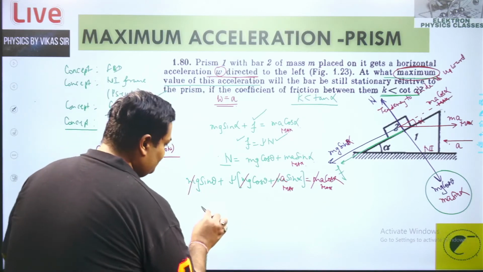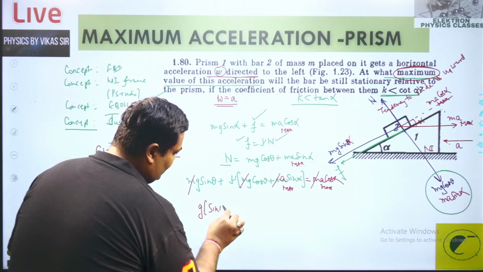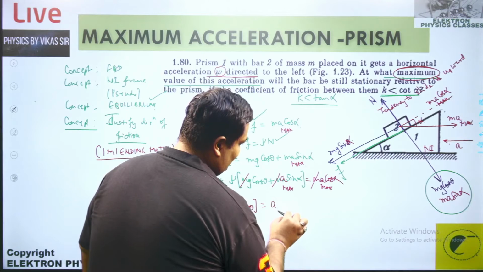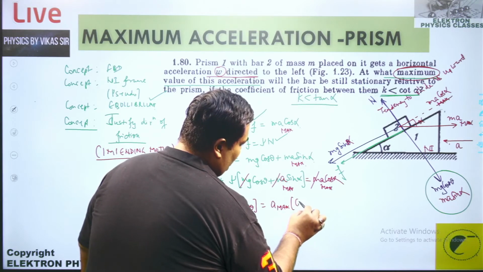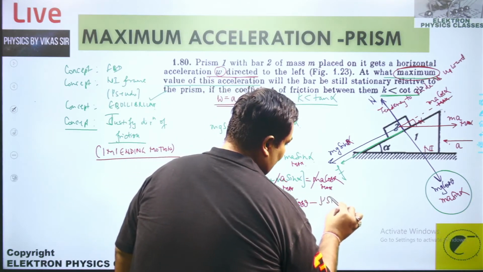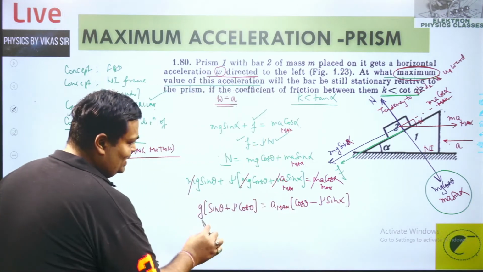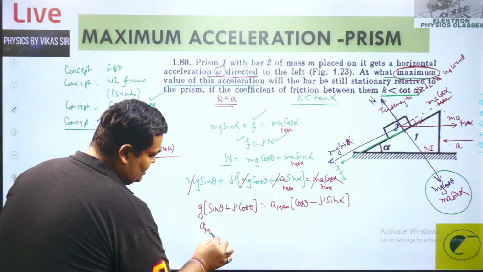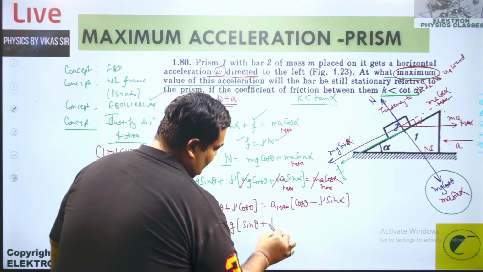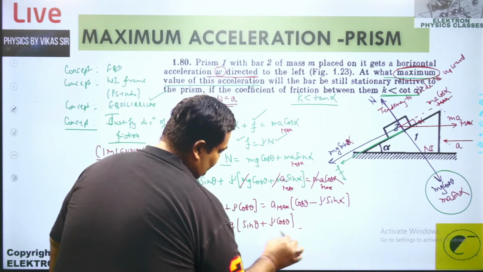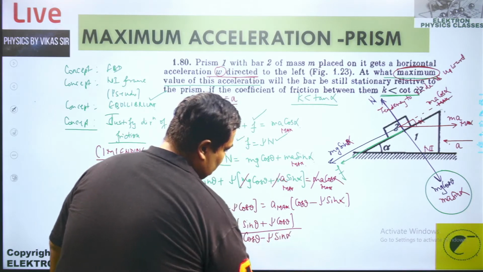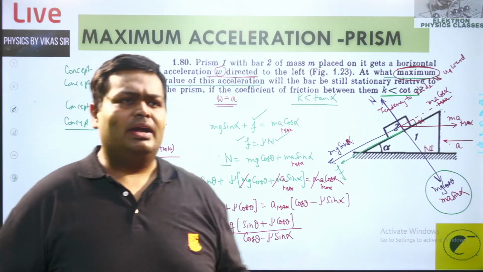So g into sin theta plus mu cos theta is equal to a max into cos theta minus mu sin alpha. So we have got the result: a max is equal to g into sin theta plus mu cos theta, divided by cos theta minus mu sin alpha. That should be your answer. And tata bye bye. No.